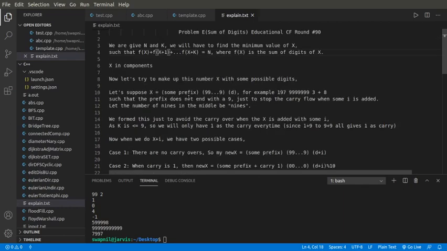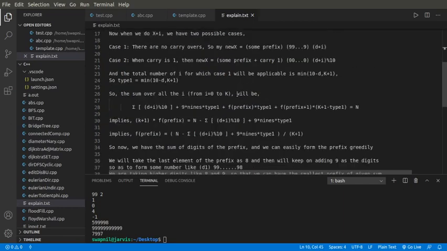in some way where I'll use my component thing, the x which I have formed or which I have supposed. So here the sum over all i will be the summation of d plus i, the summation of the last digits of x, x plus 1, x plus 2 up to x plus k, right?